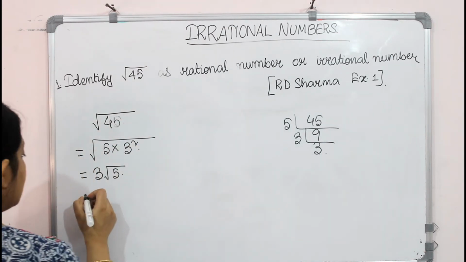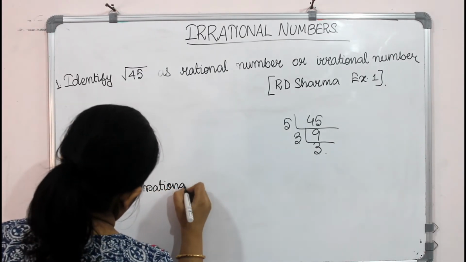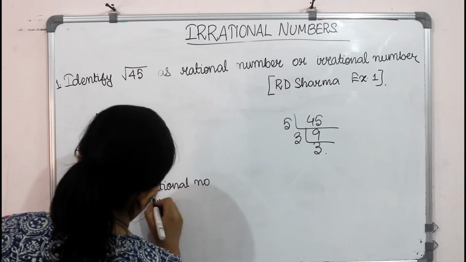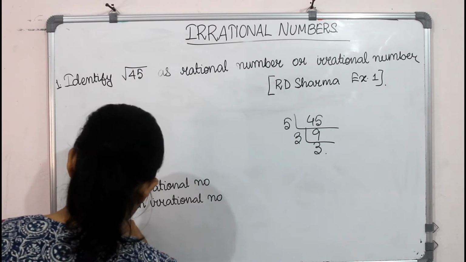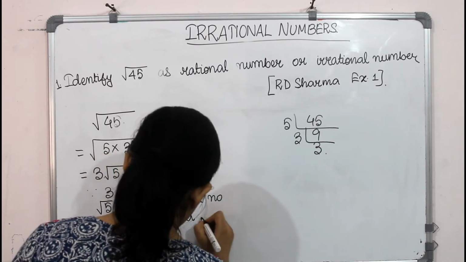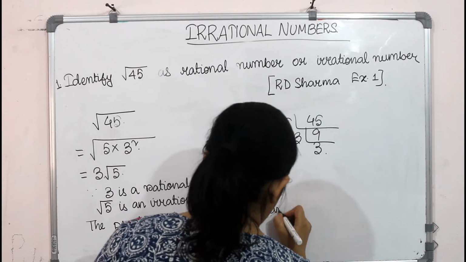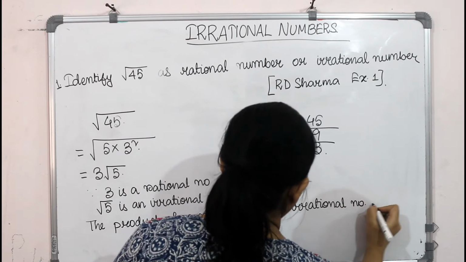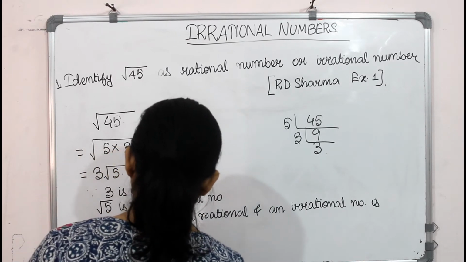How will you write? Since 3 is a rational number, root 5 is an irrational number, the product of a rational and an irrational number is always an irrational number.